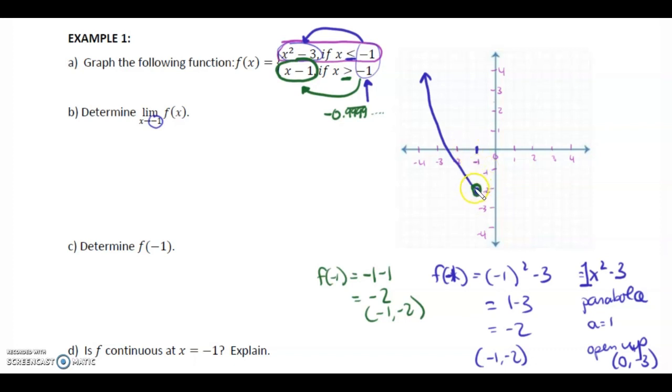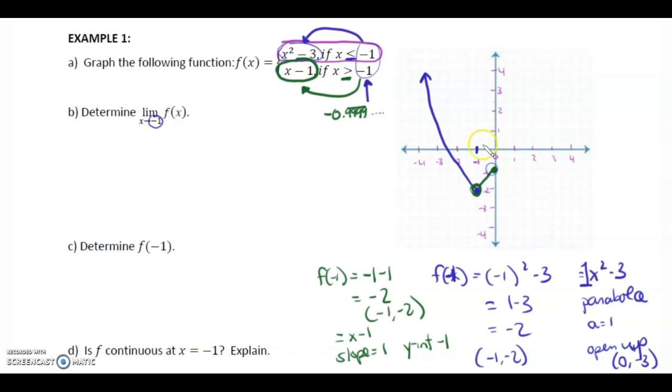So taking a look at this graph, even though I've plotted it with an open circle, that circle is actually still filled in, but with the parabola formula. Okay, and with x minus 1, we have a slope of 1, like 1 over 1, and a y-intercept of -1.